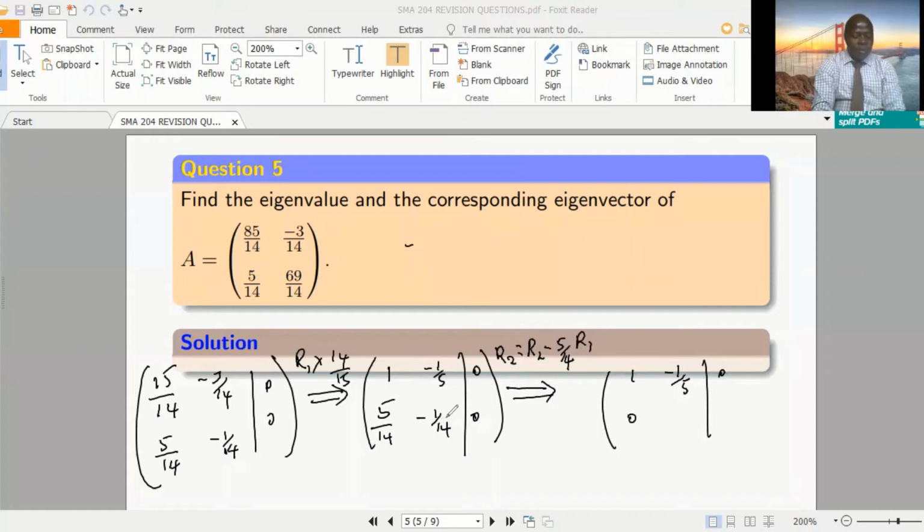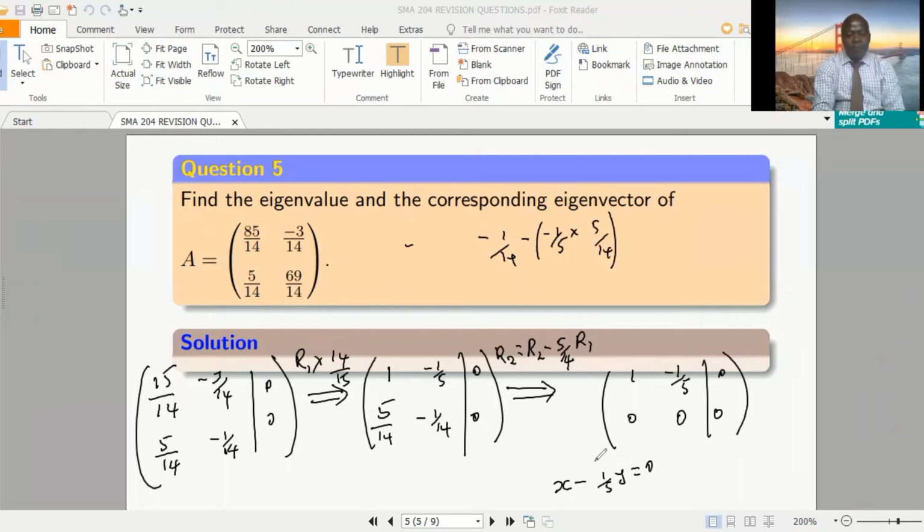Now, take negative 1 out of 14, and from this subtract negative 1 out of 5 multiplied by 5 out of 14. This gives you 0, because this will be positive 1 out of 14 added to negative 1 out of 14. So now what we have is x minus 1 out of 5 y is equal to 0.